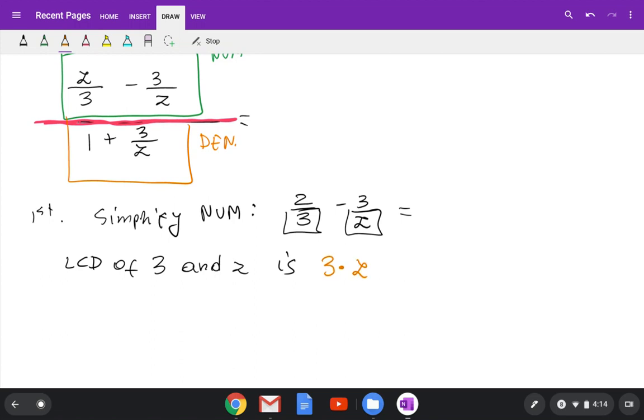Since they are both prime, you cannot factor them. So the LCD is 3 times z. So we're going to rewrite z over 3 and 3 over z using the common denominator. See, I'm even getting confused.